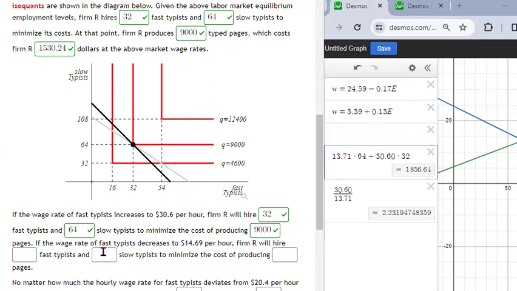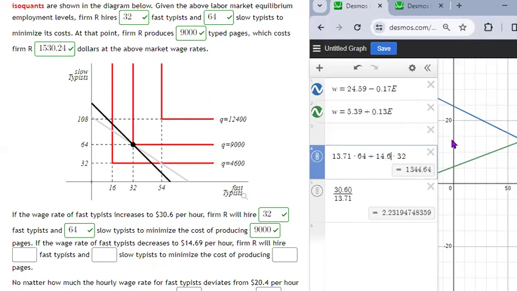So what happens if the fast typist wage decreases to $14.69? Well, if it drops to $14.69 and we hold everything else constant, what happens to the slope here? The slope of the line drops to 1.07. And the cost drops to $1,347.52.